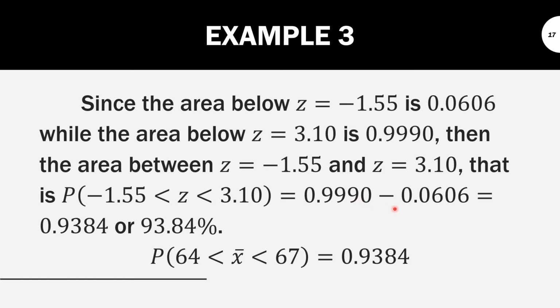So that will be 0.9990 minus 0.0606, and that will give us 0.9384 or 93.84%. It goes to show that the probability that the sample mean falls between 64 and 67 will be 0.9384, or the probability that the sample mean is greater than 64 but less than 67 is 93.84%.